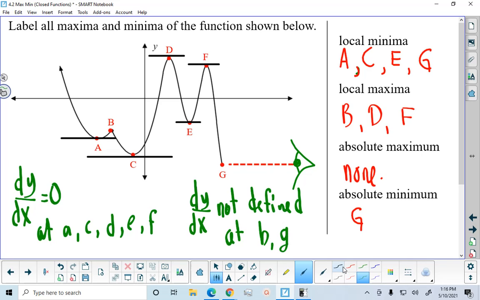and g. So I have a couple of questions I want to throw your way and ask you to think about for a minute. One of the questions, and you don't have to answer this one, you can answer the next one if you like, is why is the slope of the tangent at b not 0?